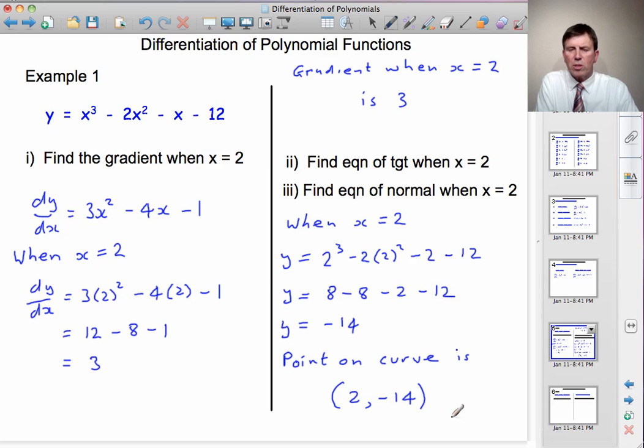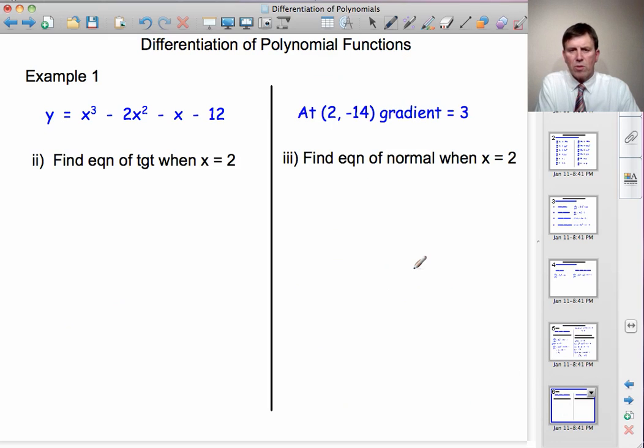Now that I've got the point on the curve and I've got the gradient is 3, I can find the equations of the tangent and the normal. So I've written down to remind us here, we're looking at 2, minus 14 with gradient 3. And we're just going to use the formula y minus y1 is equal to m times x minus x1.